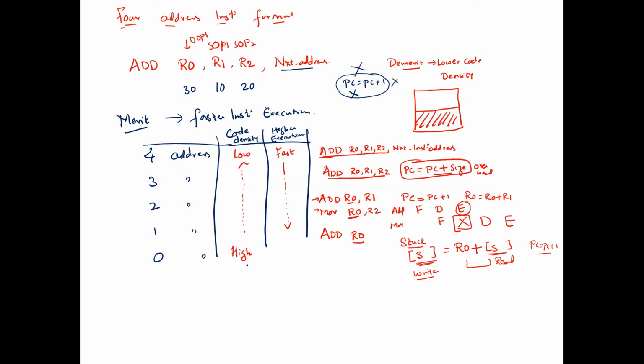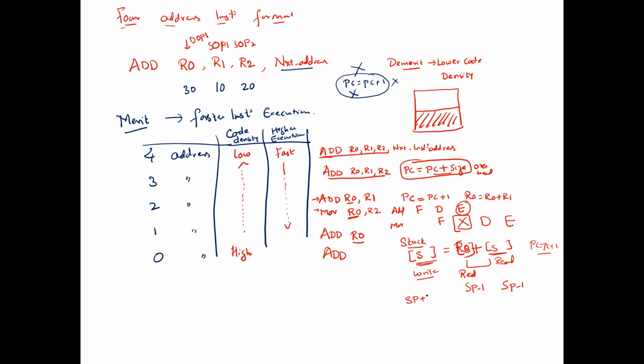And in the zero address instruction format, if I say only add, then for this also you need to read from the stack. So now it is more overhead time. One operand, second operand needs to be read. 3 times the stack pointer will be varied. Here the stack pointer will be decremented by 1. Here the stack pointer will be decremented by 1.